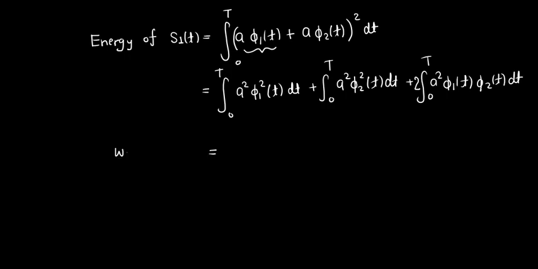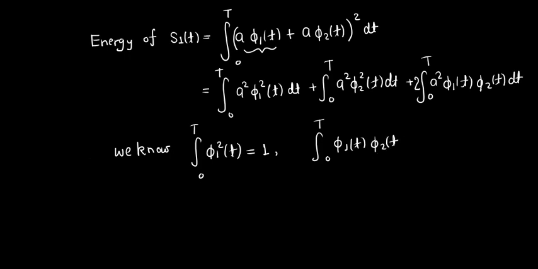So we know what the properties of the basis functions are: they are of unit energy and all of them are mutually orthogonal. What do we know? We know that each basis function is of unit energy and they are mutually orthogonal.